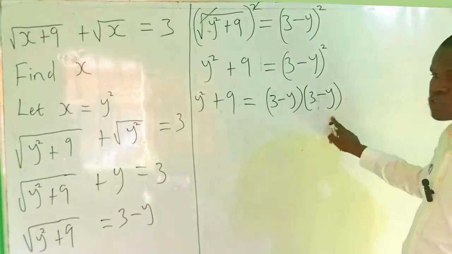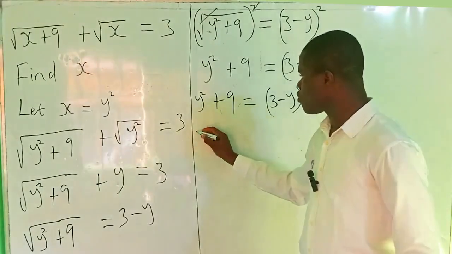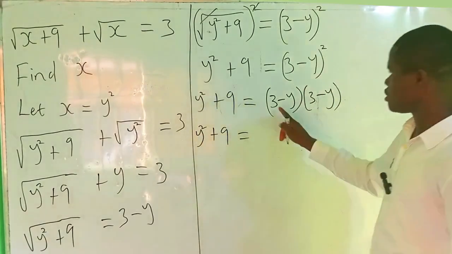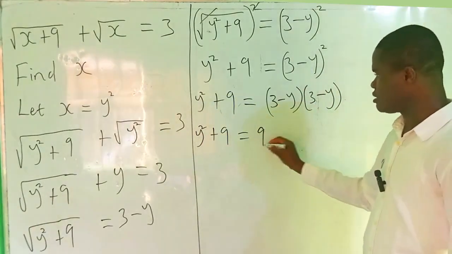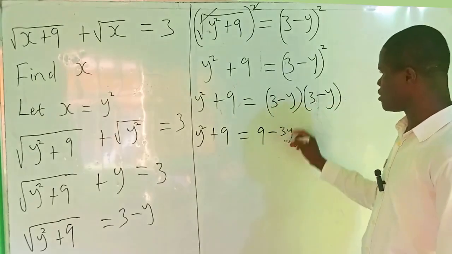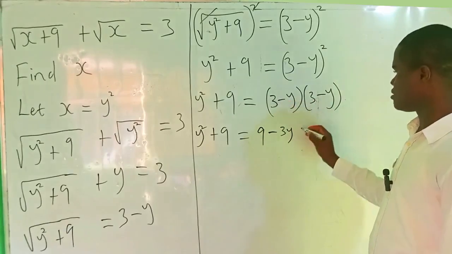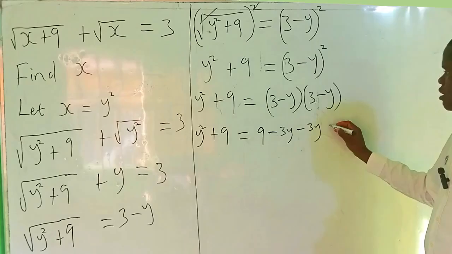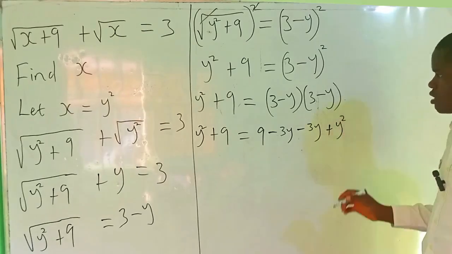So expanding these two brackets, it becomes y squared plus 9 is equal to 3 times 3, 9, 3 times minus y, minus 3y, minus y times 3, minus 3y, minus y times minus y, plus y squared.